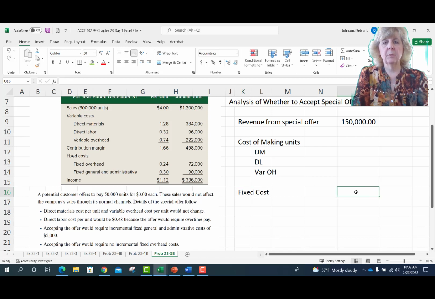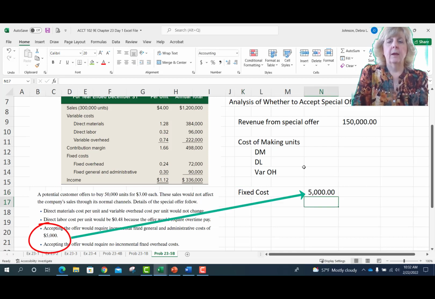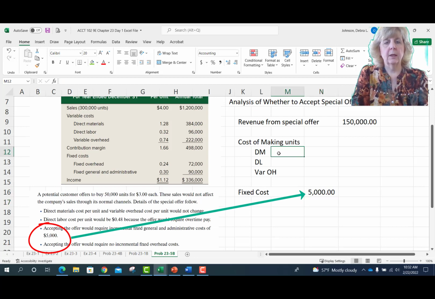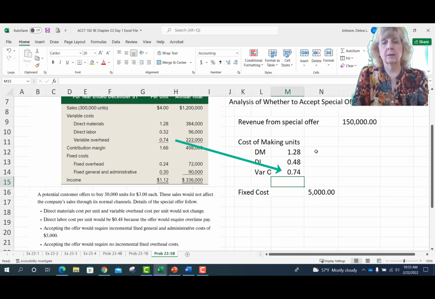That fixed cost, let me get it out of the way, would be $5,000. These other variable costs are probably easiest to put in as per unit costs. Again, the labor went up to 48 cents because of the overtime consideration, and the variable overhead would not change, so that would be 74 cents. So there are the per unit costs.